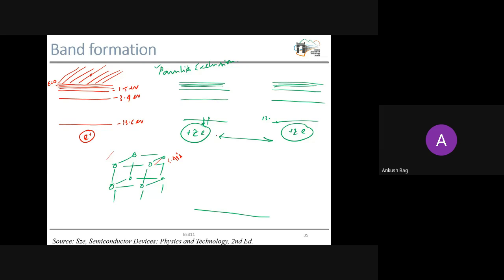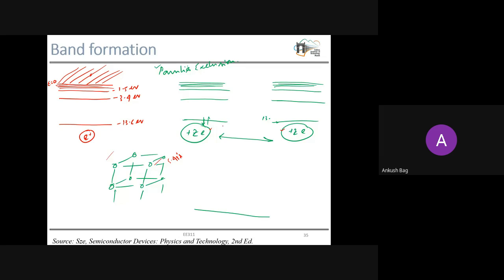If we consider two atoms of the same material which are far apart, this particular atom will not see any effect of the other atom. In that case, these discrete energy levels will all remain intact, with no change.